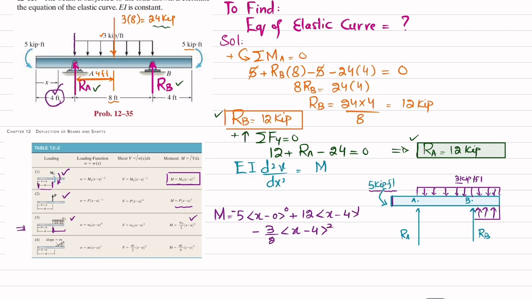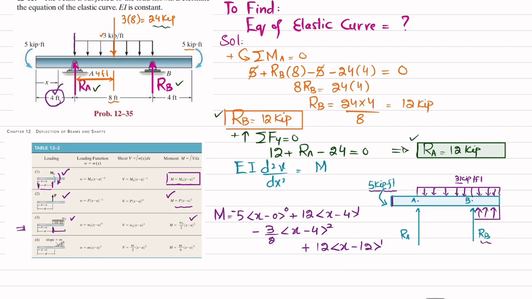Okay. The other thing is that we have this point load RB. So RB is upward, so plus. RB is again 12, and we will go to the point load moment equation. So P into x minus, now the distance of this point from this end is 12. So A is equal to 12 for RB. So x minus 12 power 1.